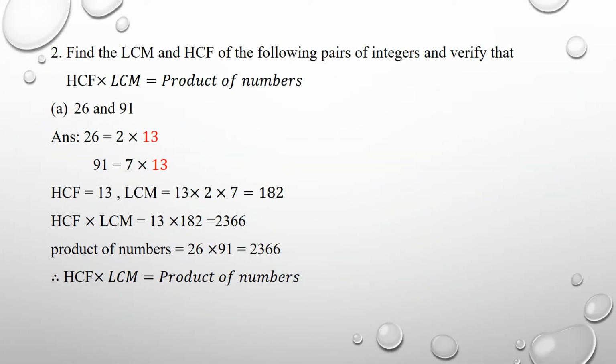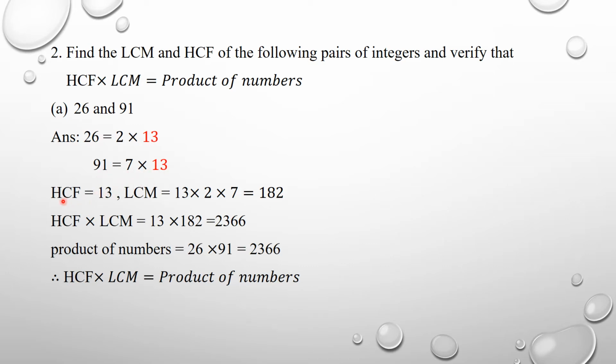In question number 2, we are asked to find HCF and LCM of the following pairs of integers and verify the relation HCF into LCM is equal to the product of the numbers. Here, the first question is 26 and 91. 26 prime factorization is 2 into 13 and 91 is 7 into 13.